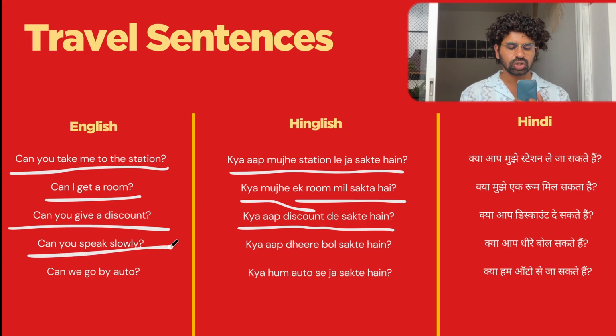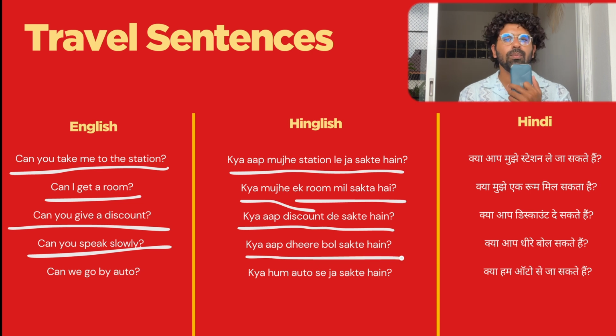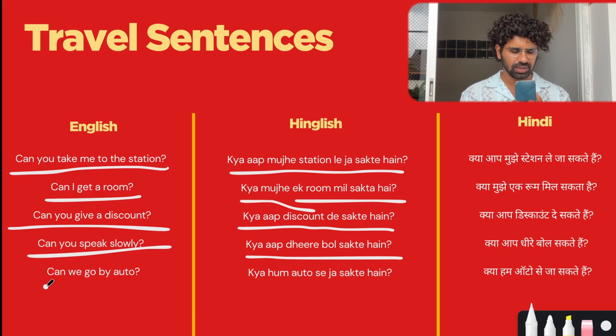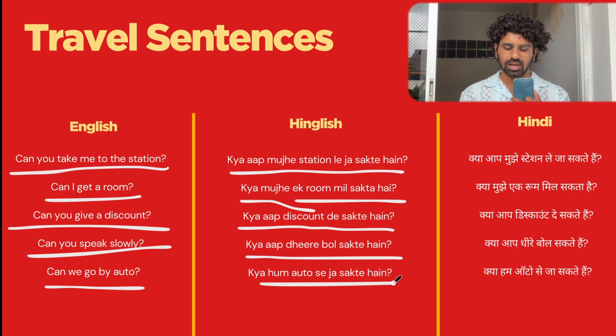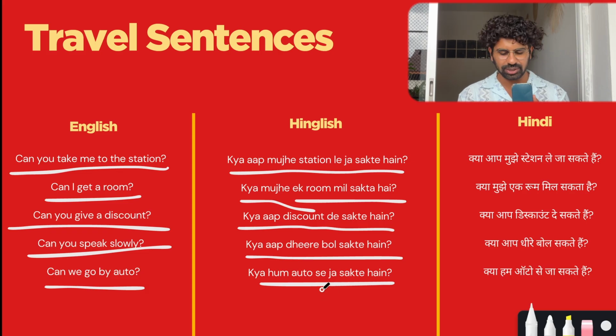Can you speak slowly? क्या आप धीरे बोल सकते हैं? Can you speak slowly? Can we go by auto? क्या हम ऑटो से जा सकते हैं? That is, can we go by auto, right?